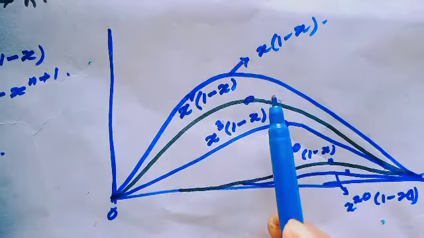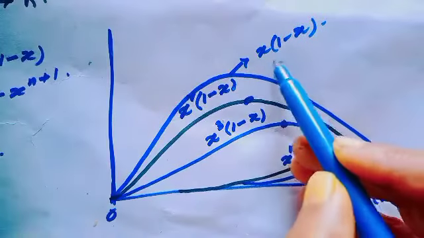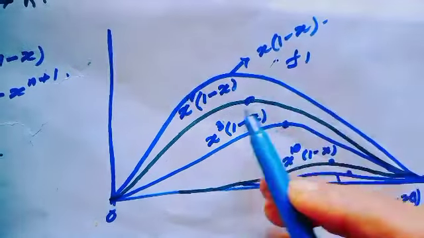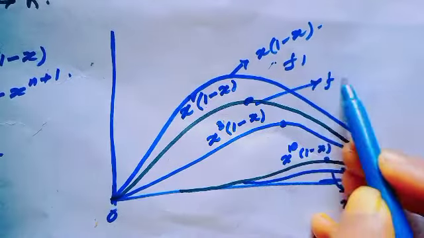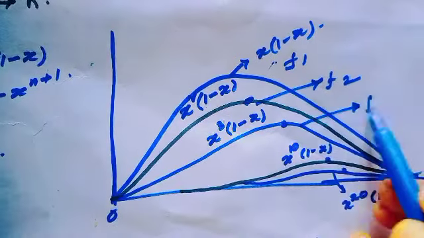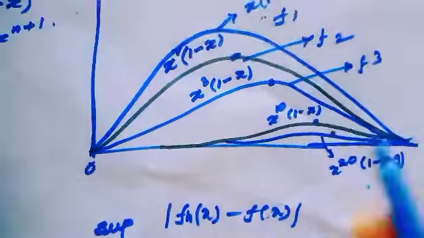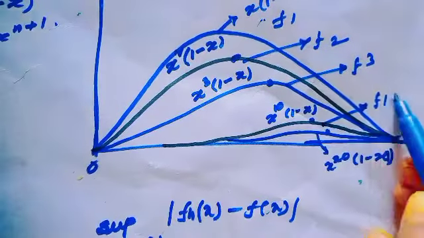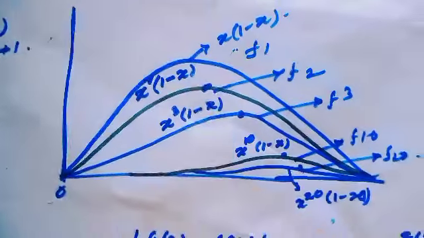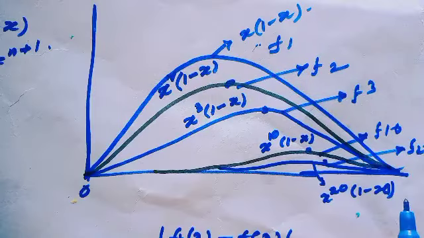Notice the graph of the function. This would be f1(x), x times (1 minus x). This would be f2(x), x squared times (1 minus x). This would be f3(x), x cubed times (1 minus x). And this is f10, f20. Are you getting the picture of the function?